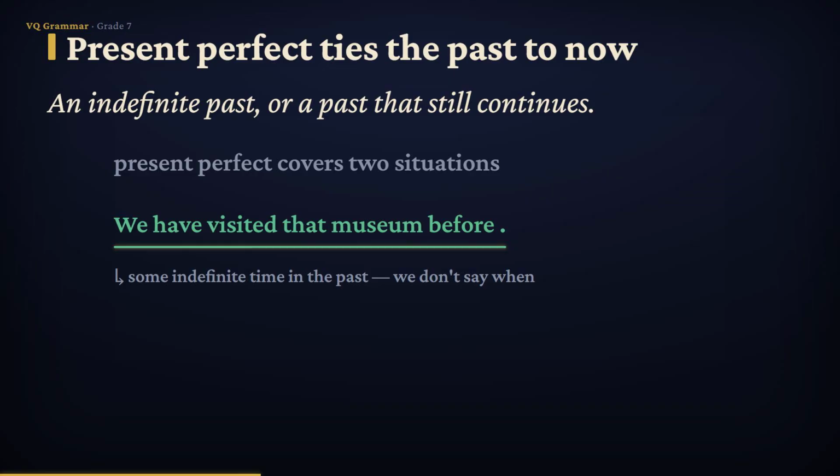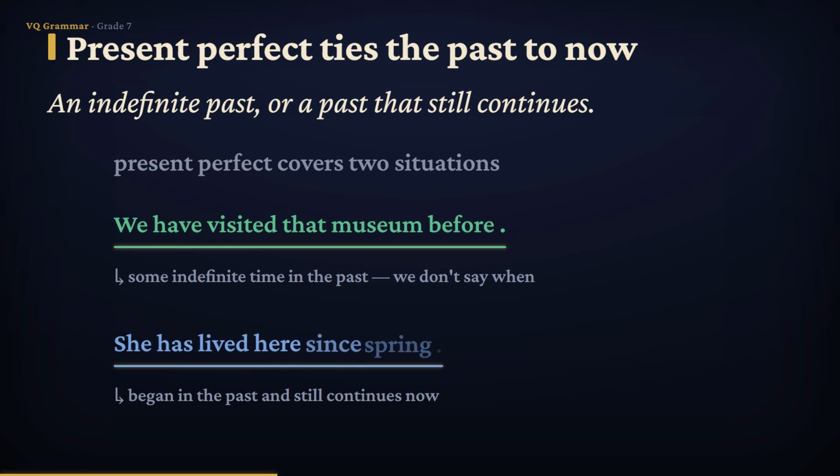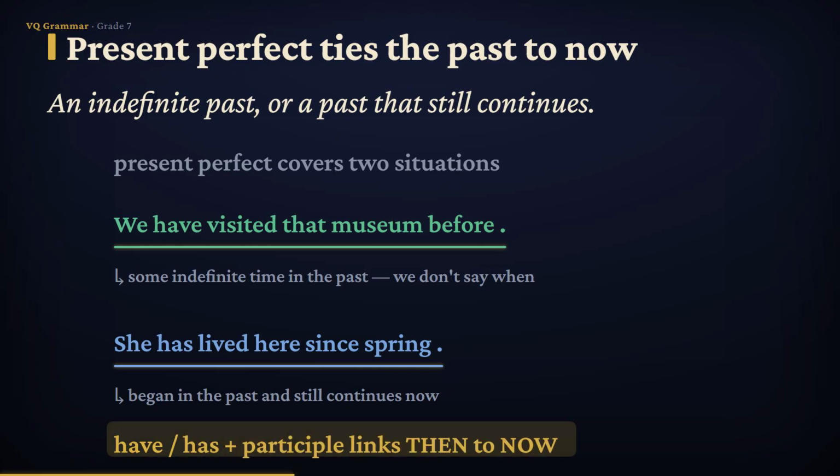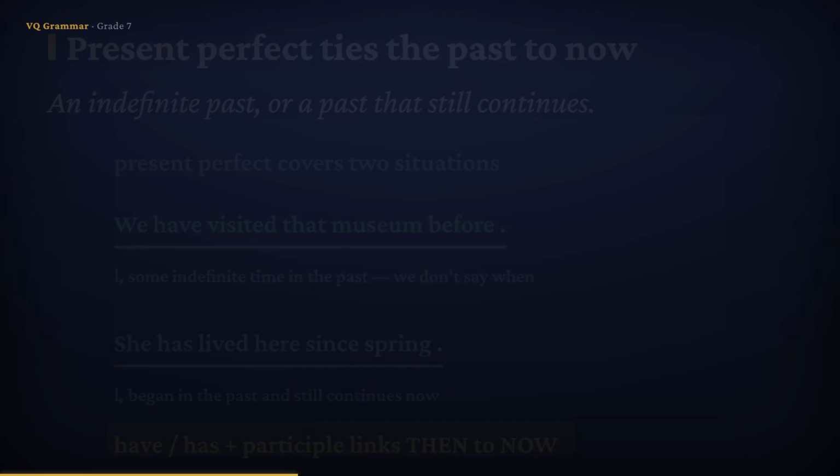Notice we never state the day, it just happened at some point. Second, it can describe something that began in the past and still continues now. She has lived here since spring, and she lives here still. Either way, have or has plus a participle links what happened then to the present moment.